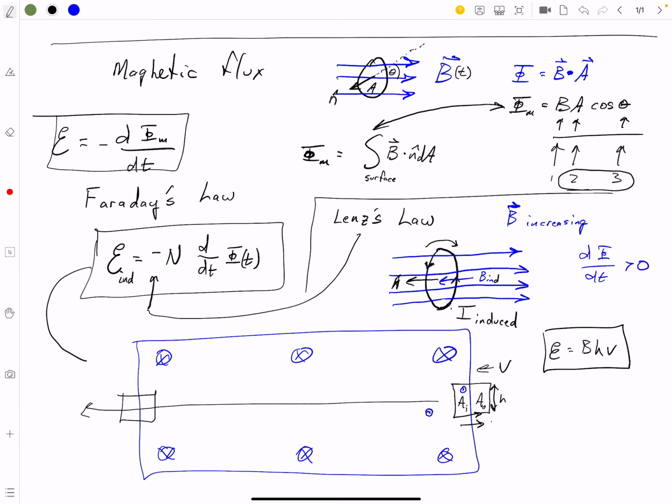So the current has to flow around the loop like this on that side. When it's going on this side, it's going to do its current in the opposite direction. Its current needs to go like this. So that is the induced current from motion, okay? And that's all we have to say about that.